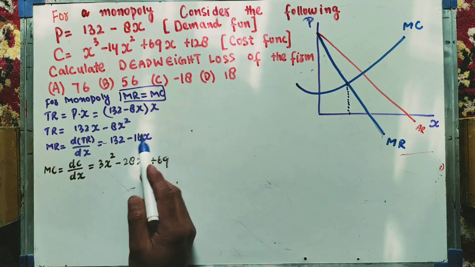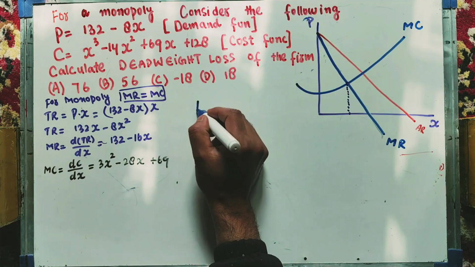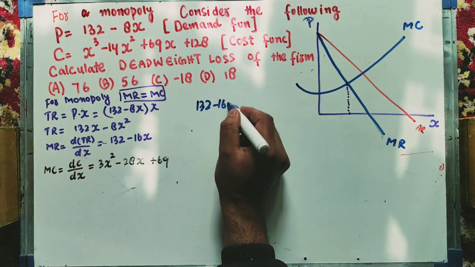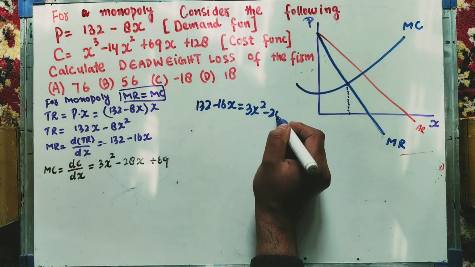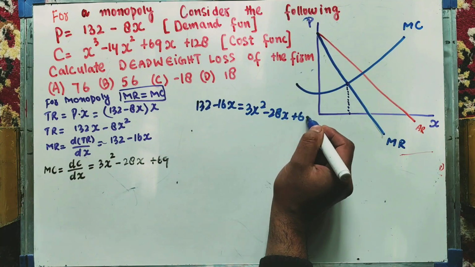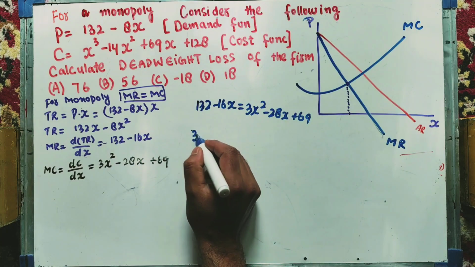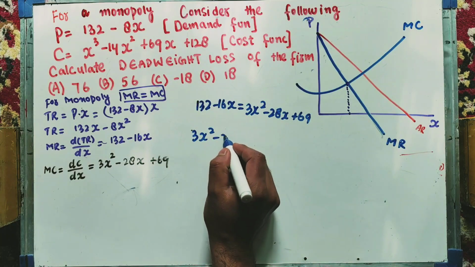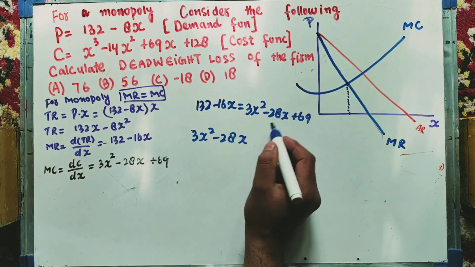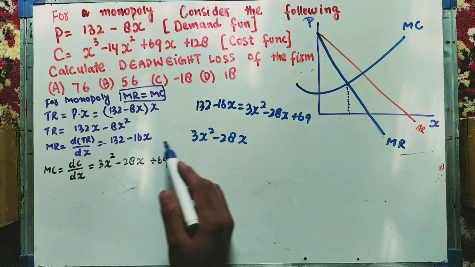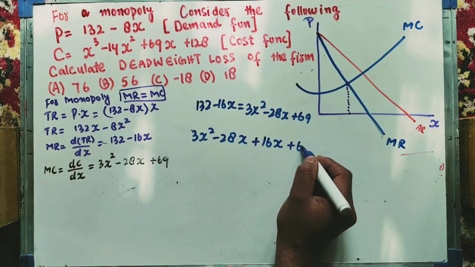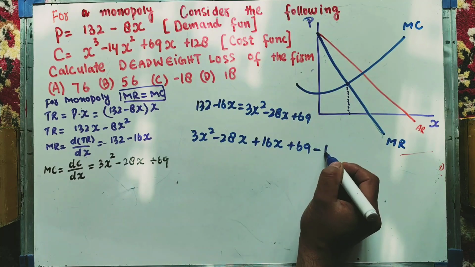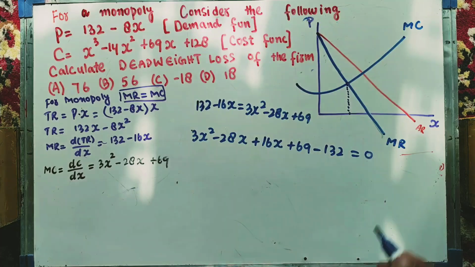So equating marginal revenue with marginal cost means we equate 132 minus 16x with the marginal cost, which is 3x square minus 28x plus 69. Solving, so we'll get 3x square minus 28x. Transpose it here, if it is minus 16x, it becomes plus 16x. Then we have plus 69 here. Transpose this here, it becomes negative 132. And we set it equal to 0.